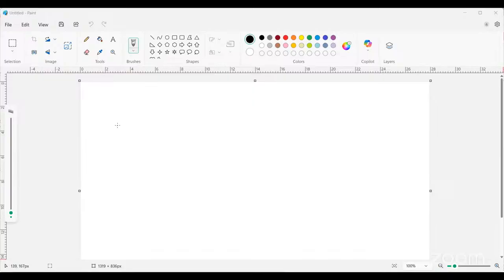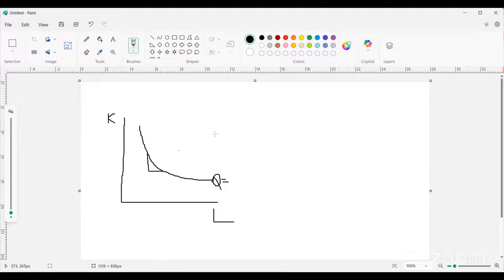The last time we discussed the isoquant curve, and we also proved diminishing marginal rate using the isoquant curve. If you look at the isoquant curve, it has a negative slope. The slope is what we discussed as the MRTS.